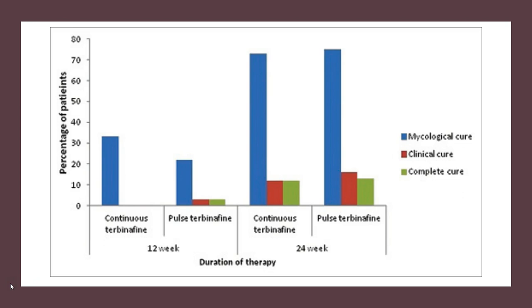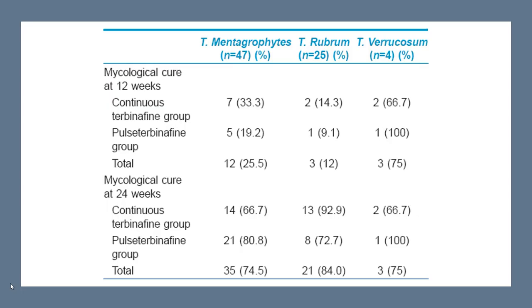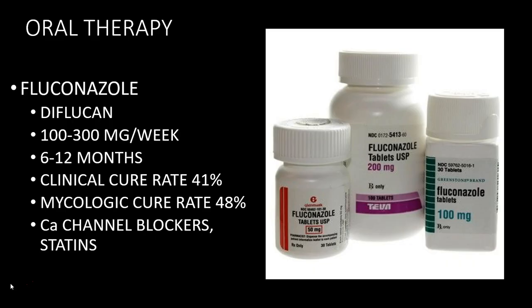And again, looking long term at 24 weeks, really no substantial difference in outcomes, particularly mycological cure and clinical cure between continuous and pulse dose terbinafine. So we know that some are more comfortable with pulse dosing. Fluconazole can also be utilized.